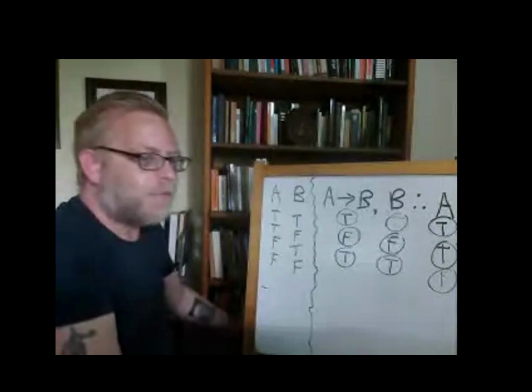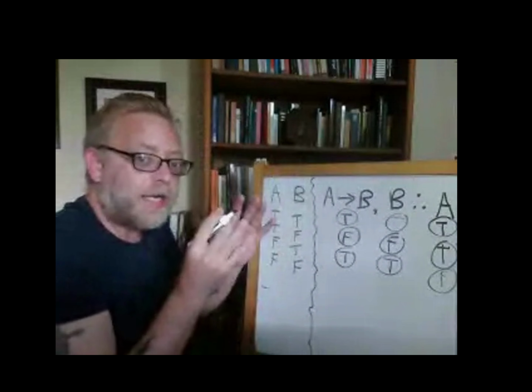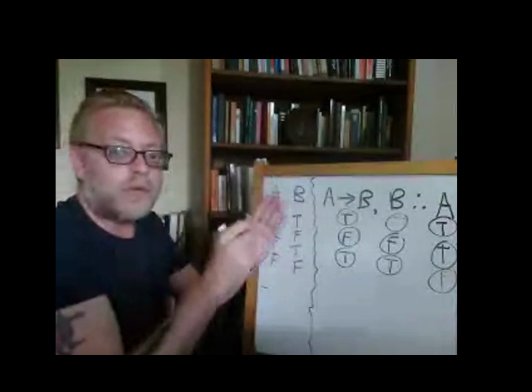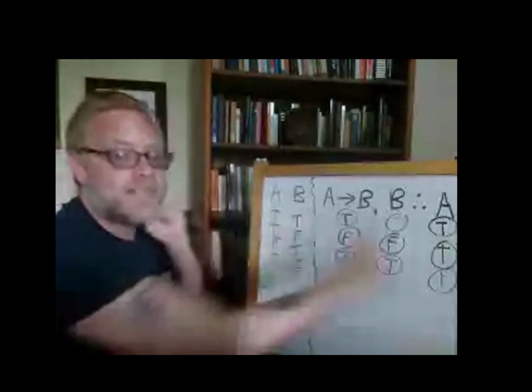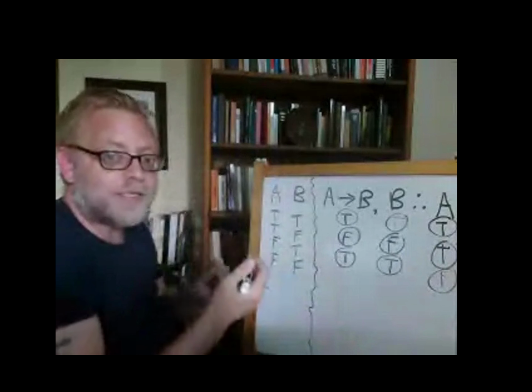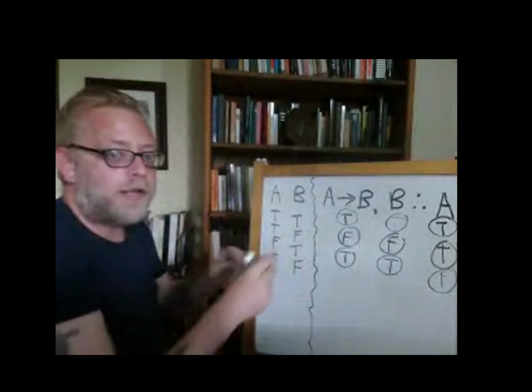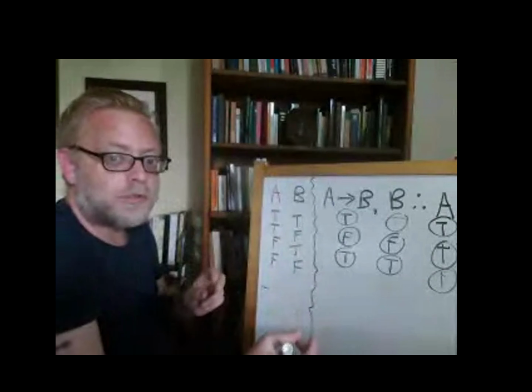It's not reliable. A valid argument format is like a machine that when you feed it truth, it only ever spits out truth. It only ever gives you truth. That's what we saw with the previous one, where both of the premises are true, we see a true conclusion. And it's never the case that we get a false conclusion.